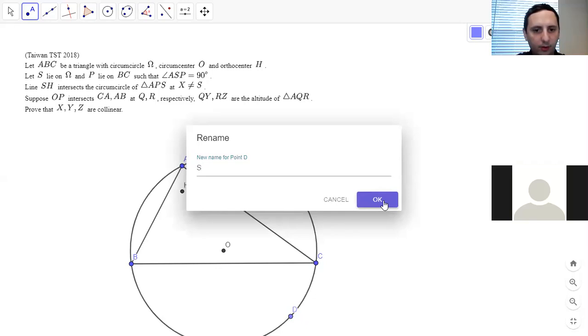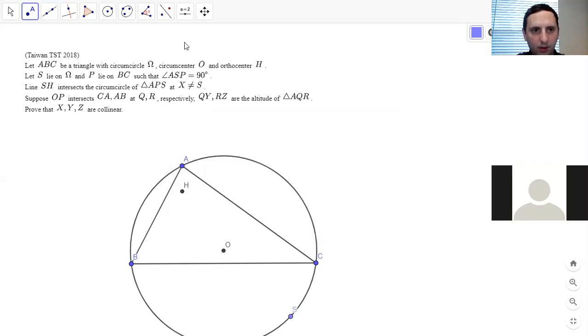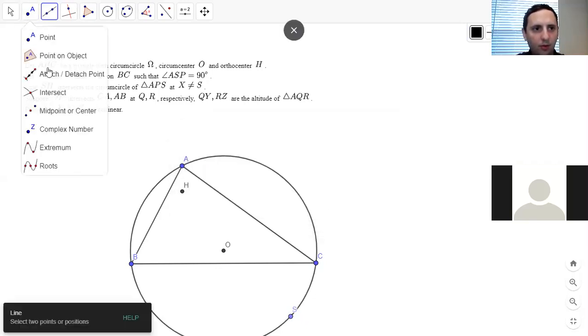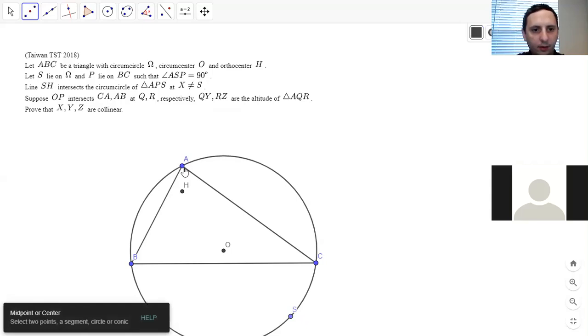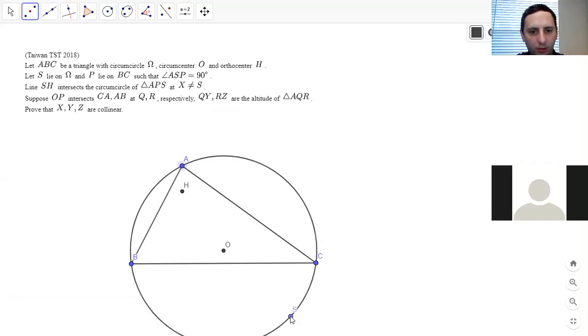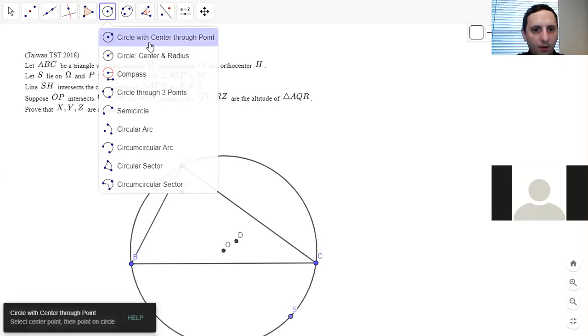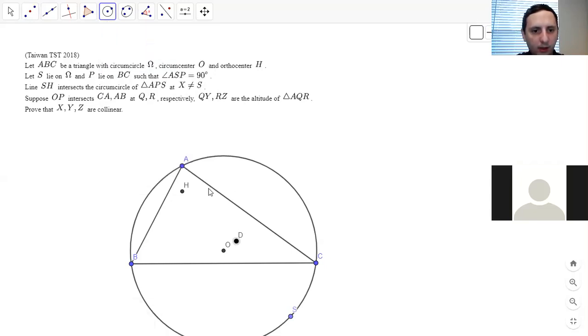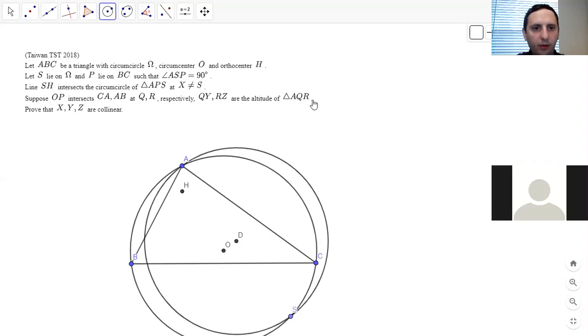Let me think of the best way to do that. So I'll draw the midpoint of AS, and then I'll draw the circle through D. So this point right here, oh, angle ASP is 90, not APS.